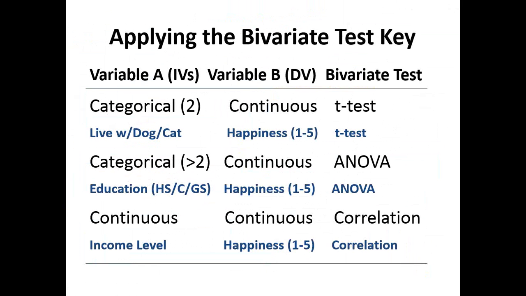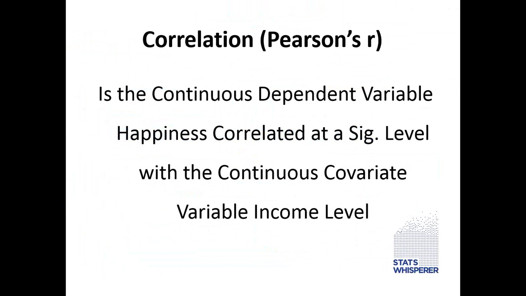Recall, income level and happiness are both continuous. So we see continuous and continuous on the bottom is a Pearson's R correlation. What's the correlation going to tell us?